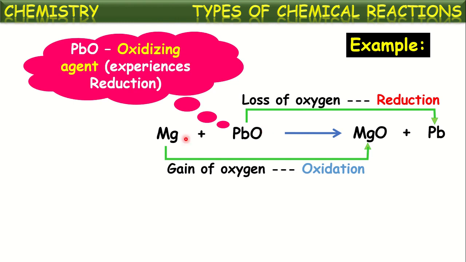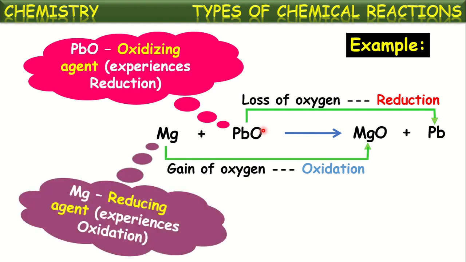In the same way, if you see magnesium, it is taking oxygen from lead oxide and helping for the reduction of lead oxide. So magnesium is a reducing helper, which can be called a reducing agent, which itself is undergoing oxidation and helping for the reduction of lead oxide.